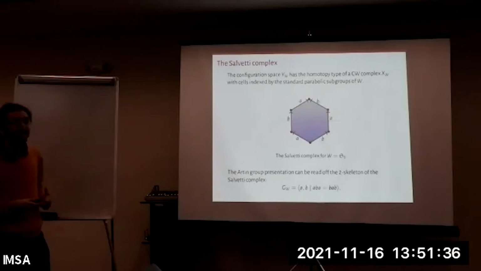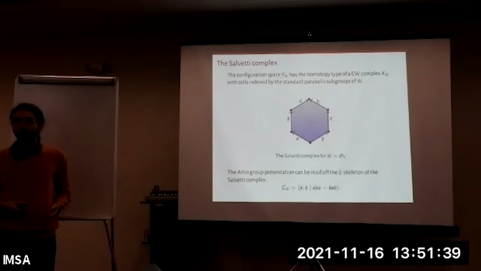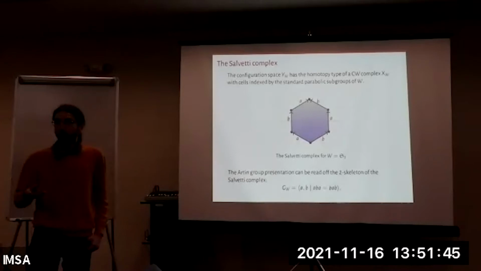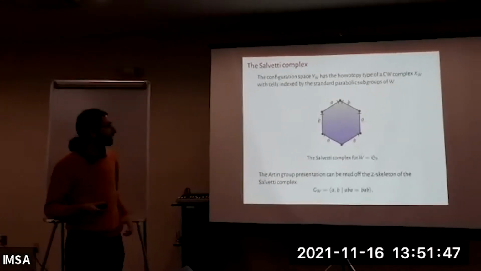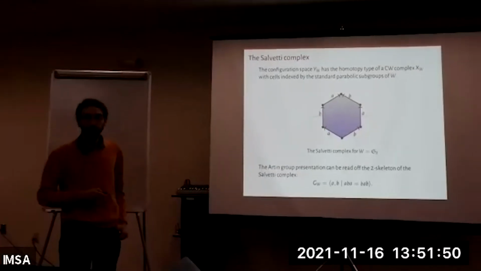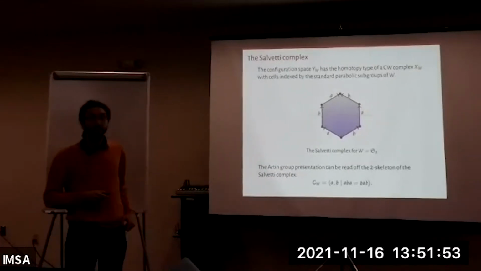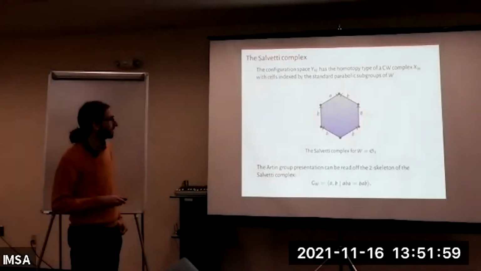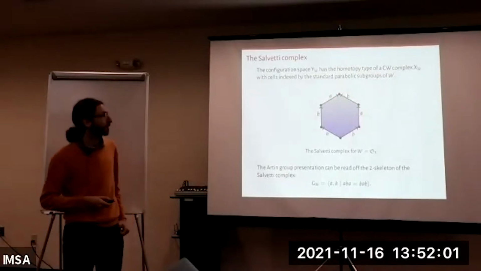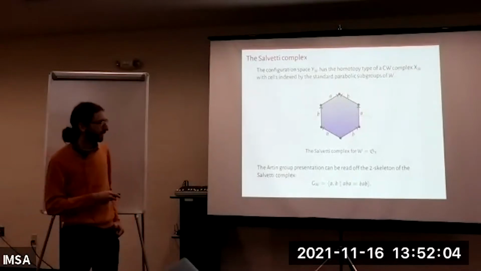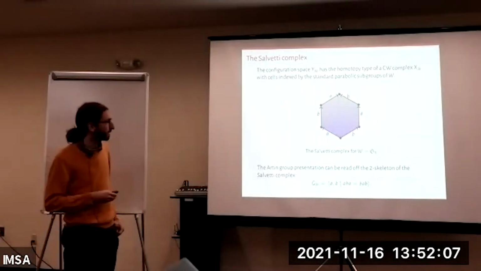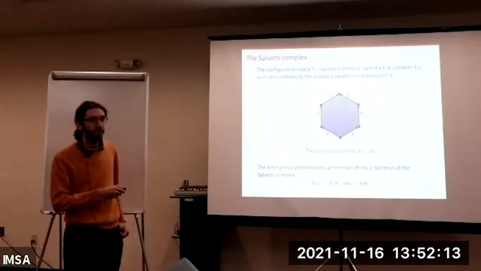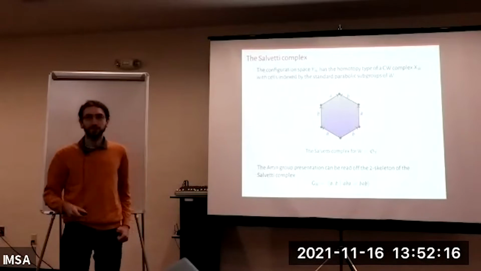It is defined for any Coxeter group W, and it is a CW complex with the same homotopy type as the configuration space Y_W that we want to study, and its cells are indexed by finite standard parabolic subgroups of W. And this is the example for the braid group on 3 strands. Okay, and the Salvetti complex looks like a hexagon with some identifications of the edges.